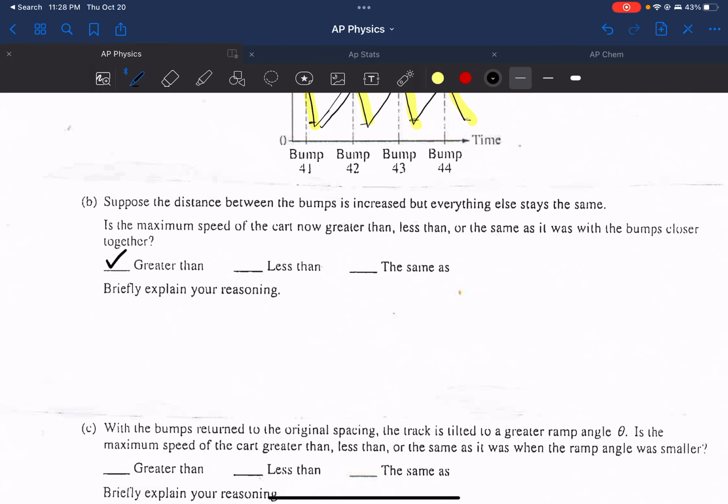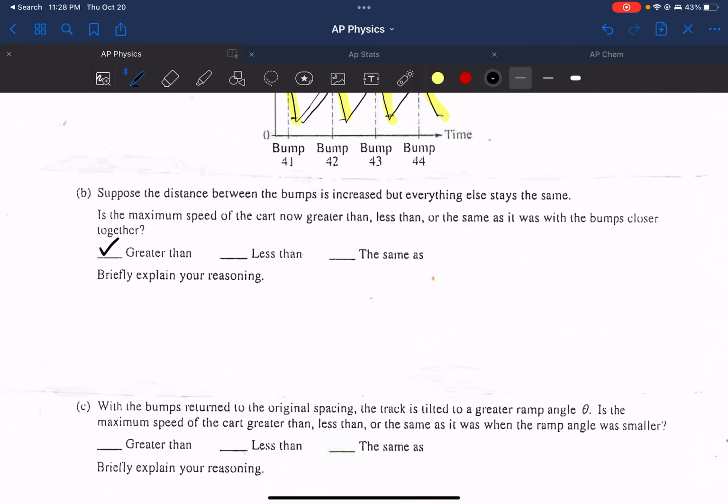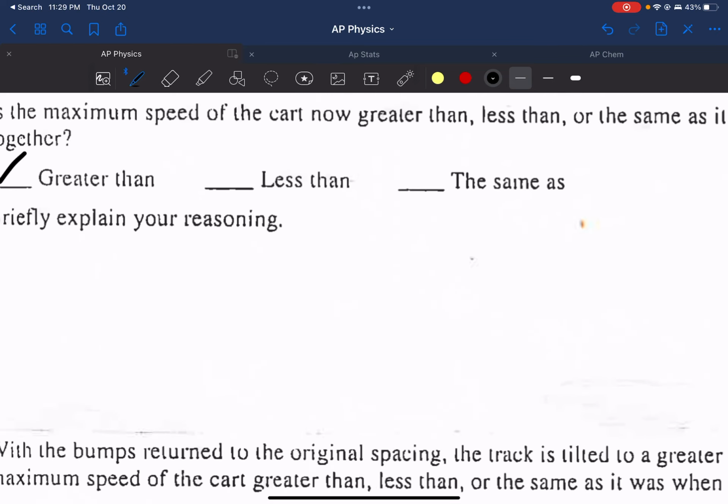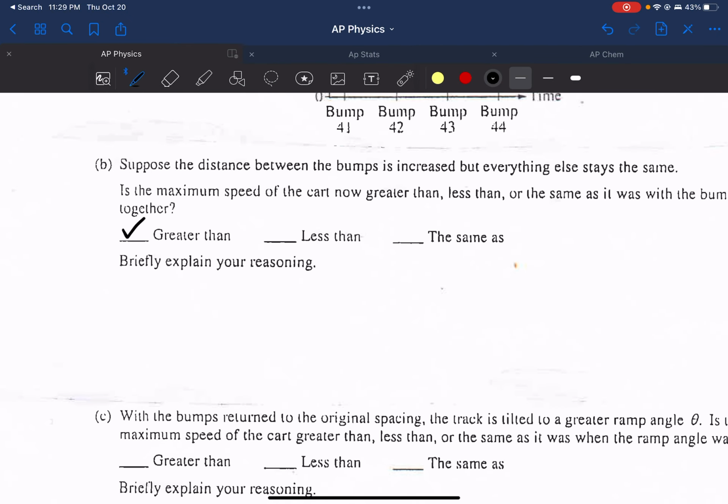And they're saying to briefly explain. They don't specify quantitatively or qualitatively. You could do both. It's probably better to justify it both ways just to show. But either way, you're going to get the points if you do it correctly. So to use a qualitative method, you could just explain that with more distance, you have more room to accelerate.